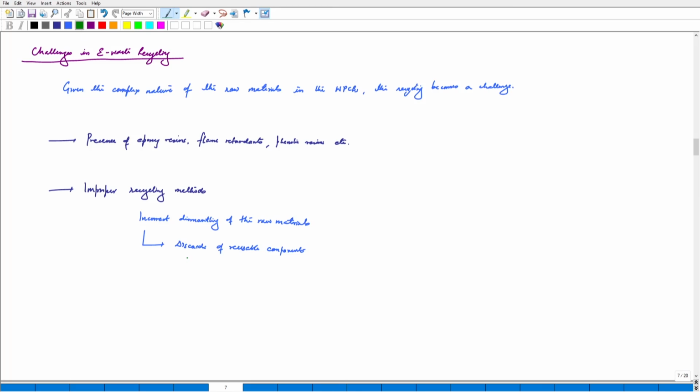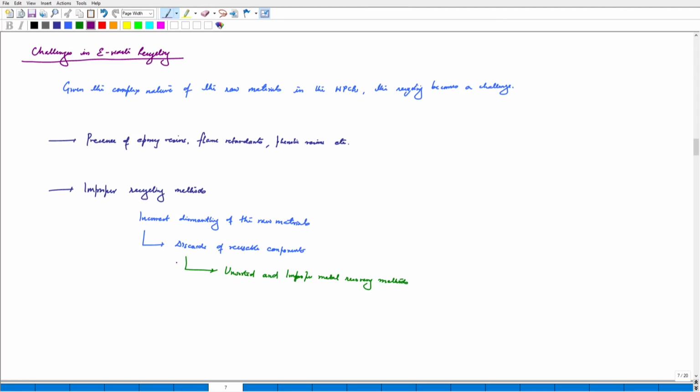And then what happens? Since we have discarded these wastes, we also have unsorted and improper metal recovery methods. Unsorted and improper metal recovery methods, these are followed. So what will this do?